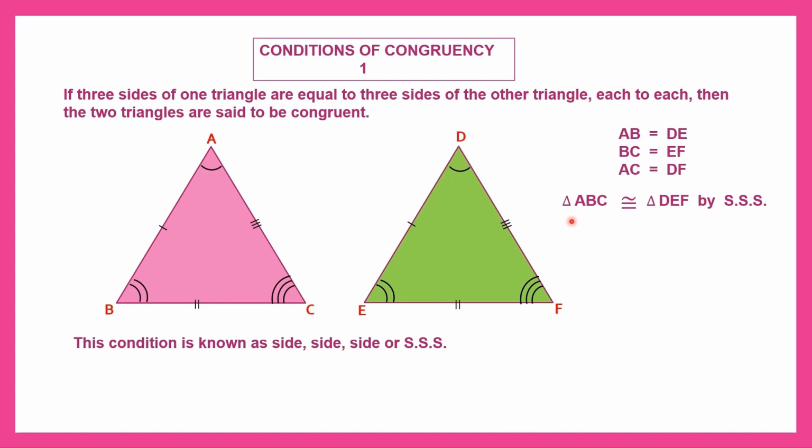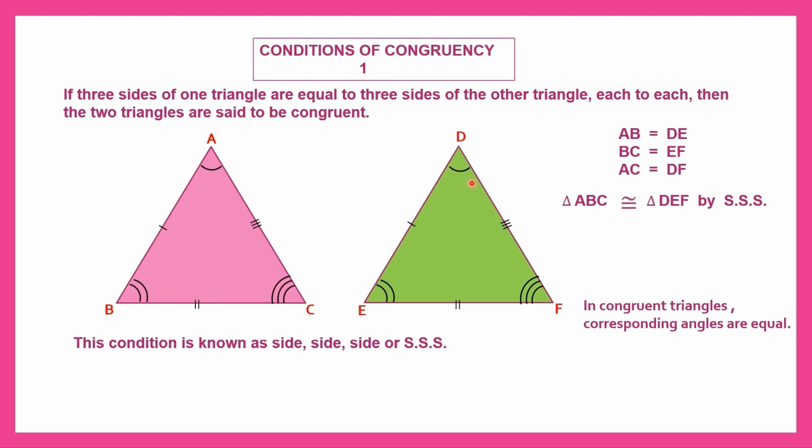Now, because they are equal, we say that triangle ABC is congruent to triangle DEF by which condition? By SSS, or side, side, side. So you have to mention by which condition you have proved that these two triangles are congruent. Now, in congruent triangles, the corresponding angles are also equal.